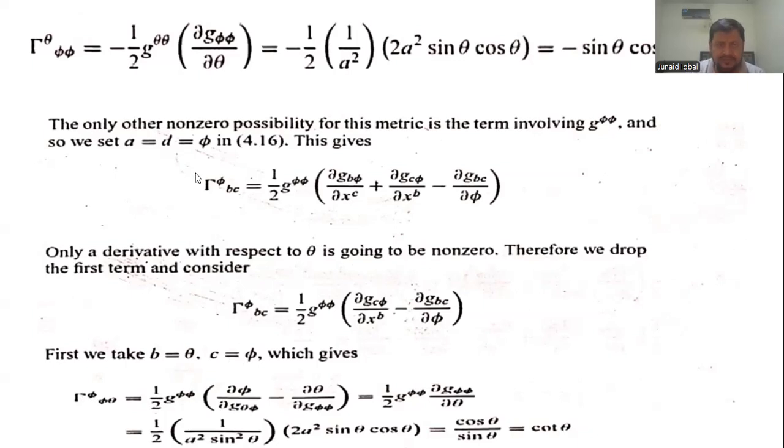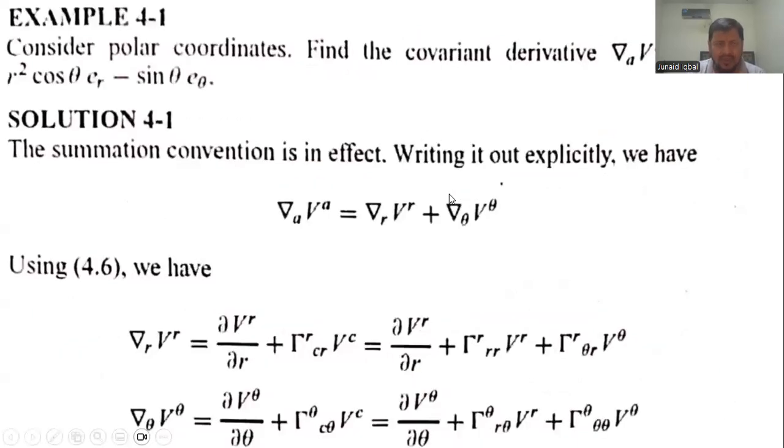This is a very important slide. And now we want to discuss how to compute the covariant derivative of vector v with respect to a. Here the vector v is defined by r square cos square theta e r minus sine theta e phi. According to the definitions, we want to compute the covariant derivative of v super a with respect to a.